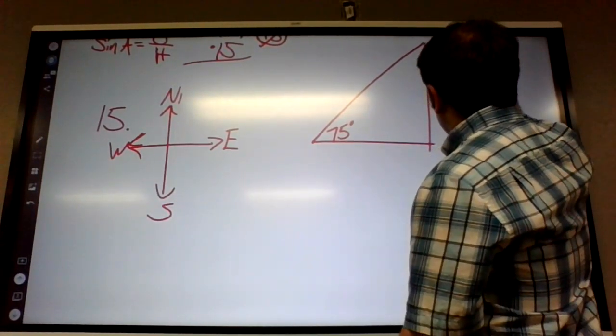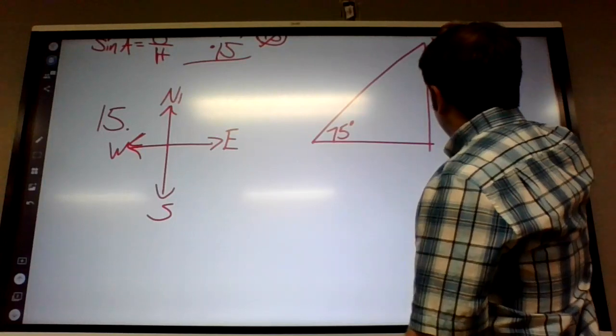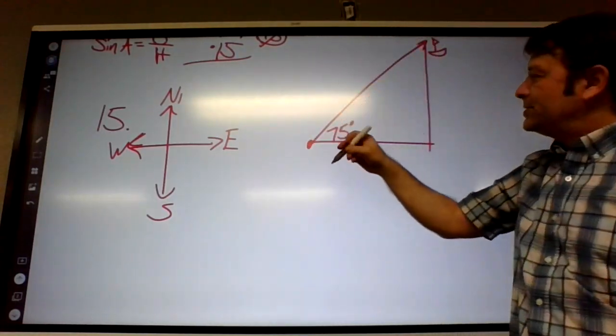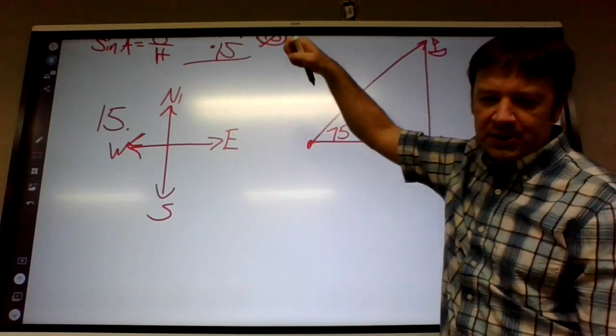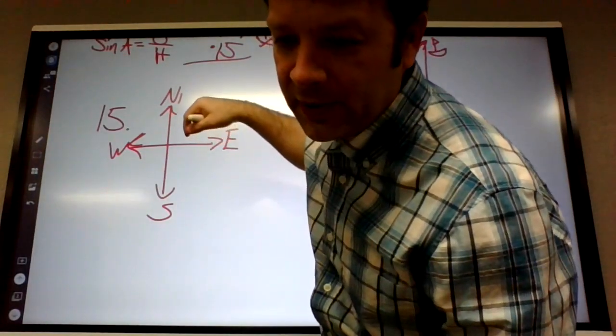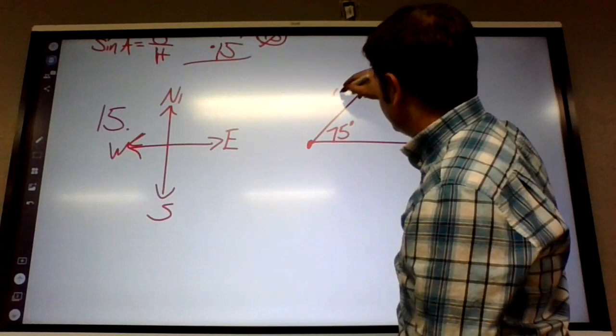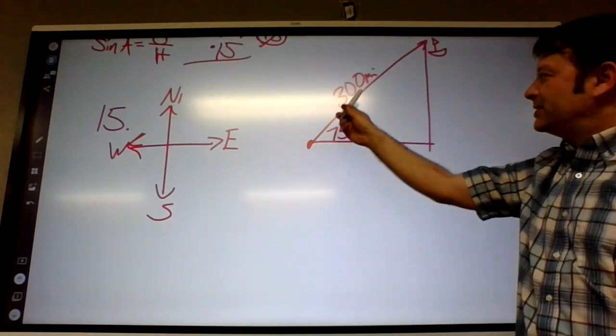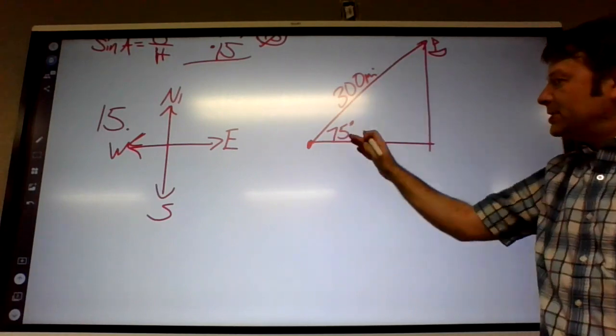Here's our ship. It started here, went 75 north of east. So this is where the ship's distance is, 300 miles. And this is the heading, 75 degrees north of east.